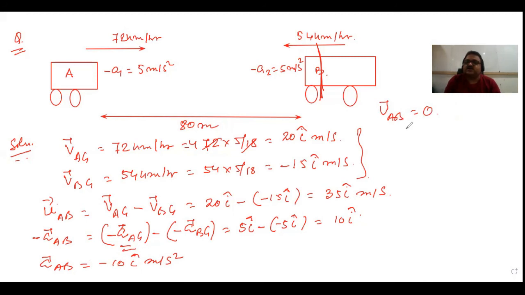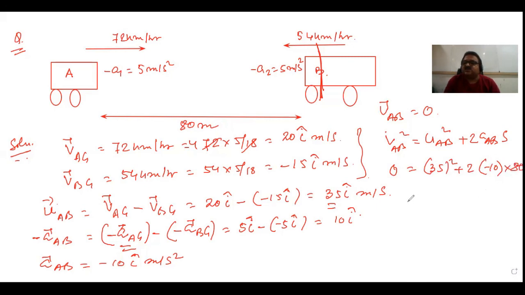So let me apply V square equal to U square plus 2 AAB into S. What is V? It is 0. What is U? It is equal to 35. So 35 square plus 2 into minus 10 into S.